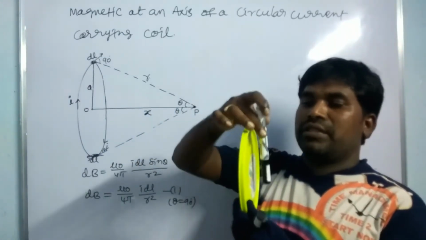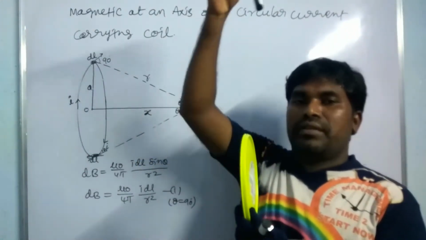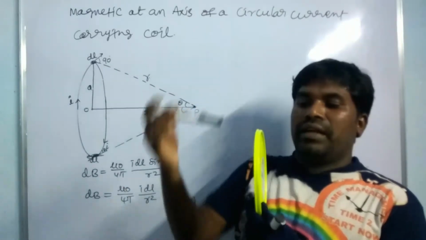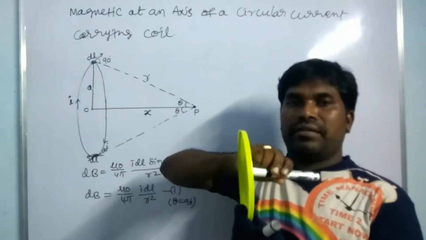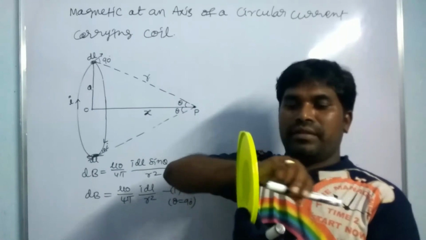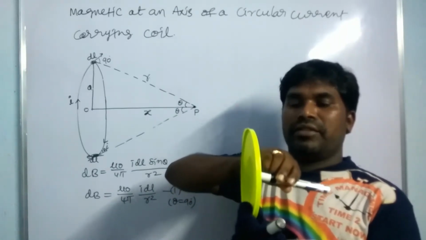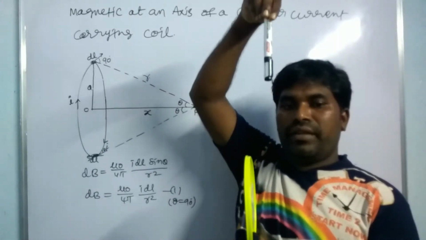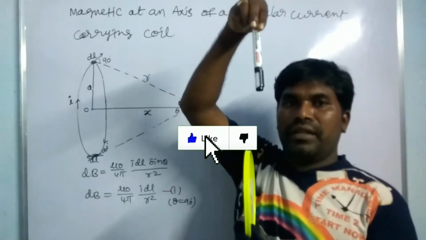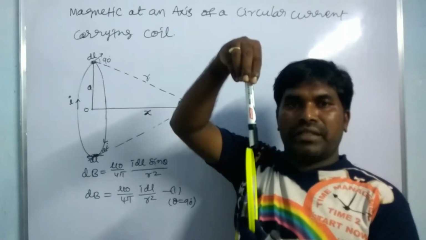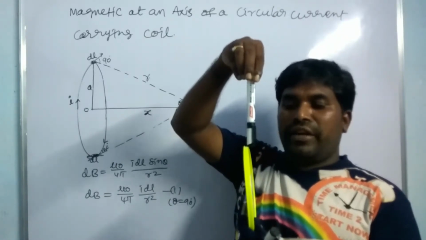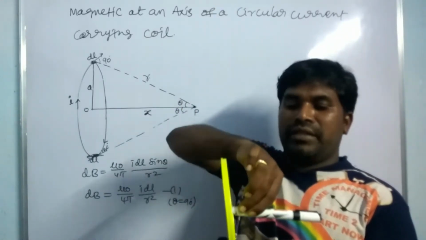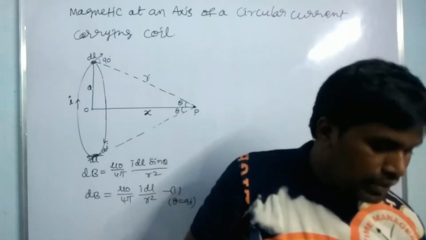This is the horizontal, and this is the vertical, which is perpendicular. Horizontally it is dB cos theta, and vertically it is dB sin theta.